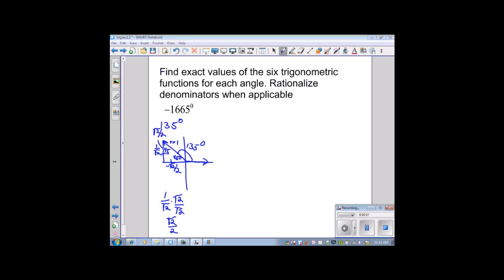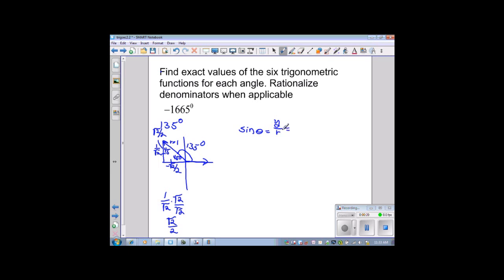Now that we have values for x, y, and r, we can substitute these into our 6 trig functions and evaluate them to answer the questions. So sine of theta, which is a negative 1,665, is going to equal y over r.